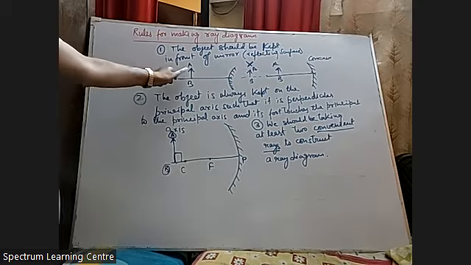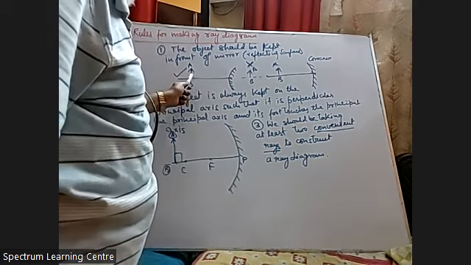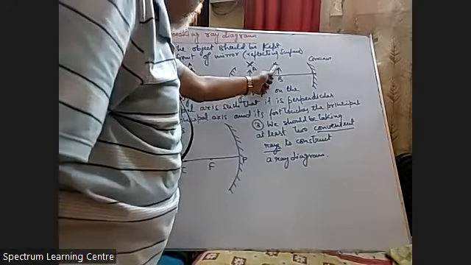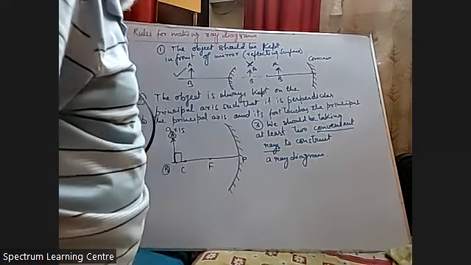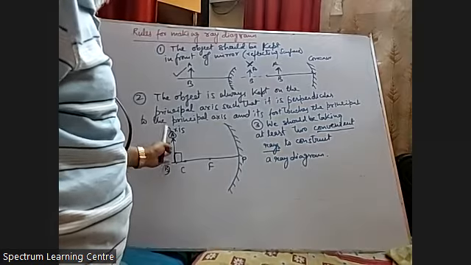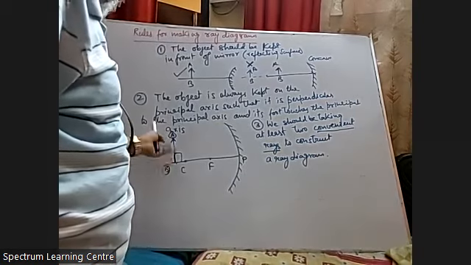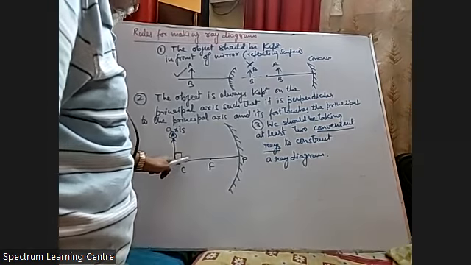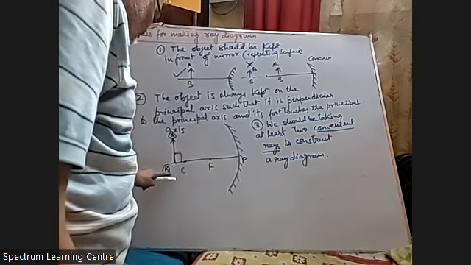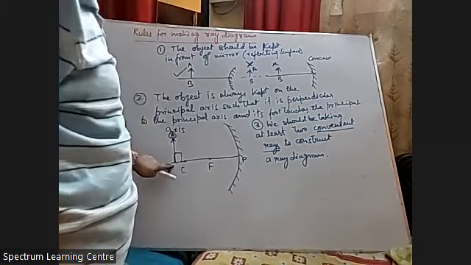First, it should be in front of the reflecting surface. The reflecting surface should be on the right of the object. Second, the object should be placed on the principal axis in such a fashion that it is perpendicular to the principal axis, and the foot B touches the principal axis.